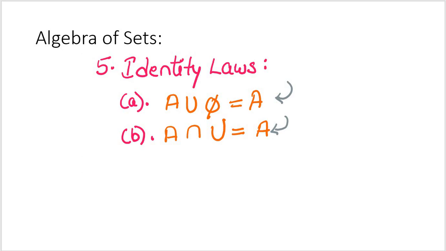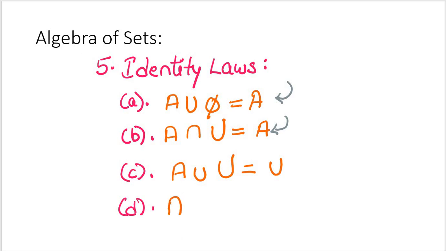Now similarly, or additionally, I can have A union universe of discourse, that would be universe of discourse, right? So I'm trying to get all the elements. So obviously if I'm dealing with the universal set, I'm getting everything. In that case, the resultant will be the universal set.